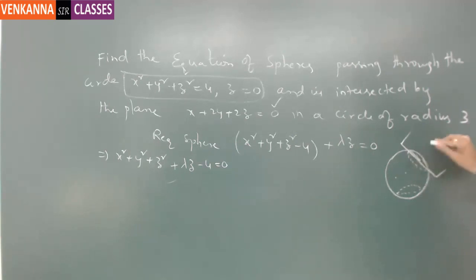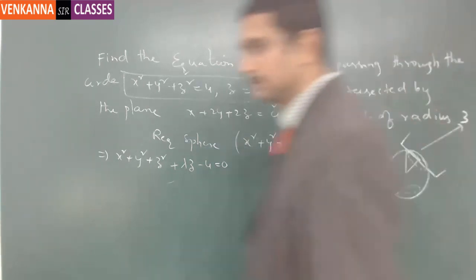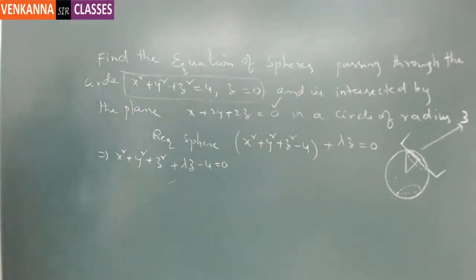This circle has radius 3. It is given in the problem. So you will have a right angle triangle here. So is it comfortable to visualize the diagram? Right, all of you.